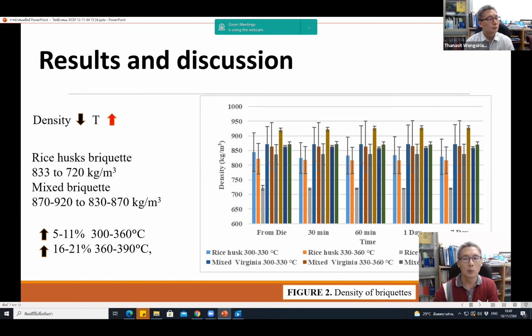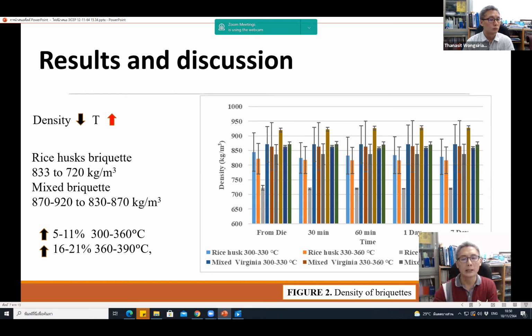Mixing of tobacco stalk could increase the density of the briquette compared with the rice husk briquette by around 5 to 11% and 16 to 20% at 300 and 360 degrees Celsius, respectively.